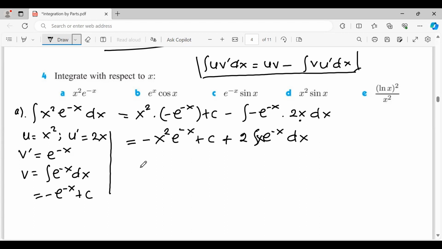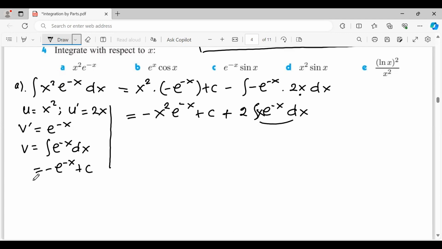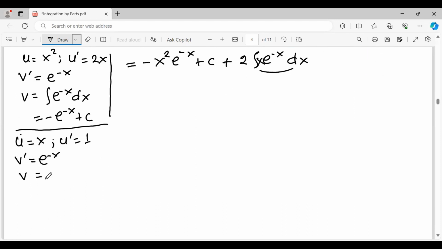So we are going to find this integral first. I'm going to use this space. Let u equals x, so derivative u equals 1. Derivative v equals e power minus x, so v equals minus e power minus x plus c.